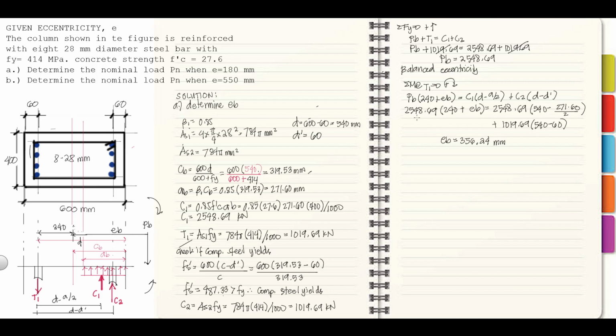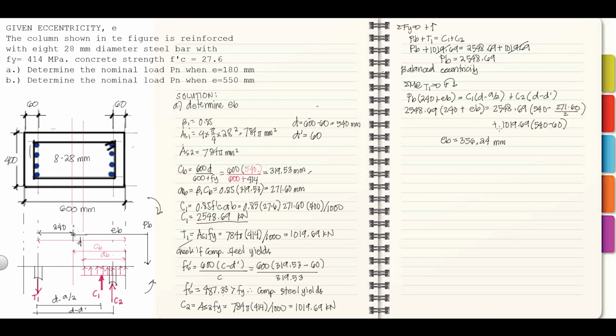So, lagay natin yung mga value. PB, solve natin yan, 2548.69 quantity 240 plus EB is equal to C1, 2548.69 quantity D, 540 ang D natin, minus A all over 2. Ang A natin, that is the A balance, 271.60 all over 2.